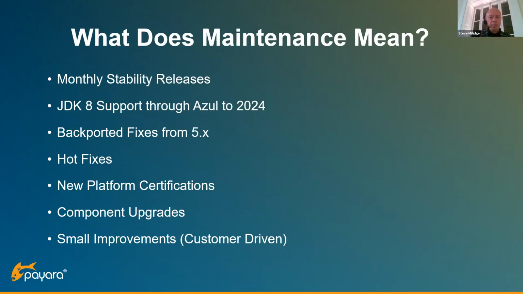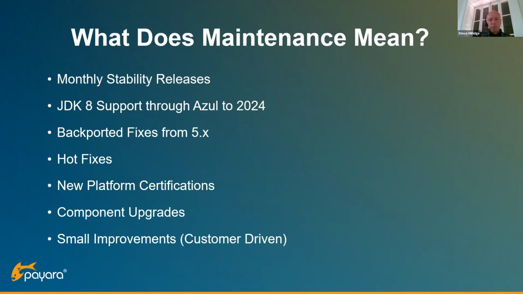So the stability stream is another customer-only stream where you get monthly bug fixes and patches and security fixes. That continues from the beginning of the year, and that will continue right through to 2024. JDK8 support, so Payara 4 is going to remain on JDK8, and customers get support for JDK8 through our partnership with Azul to run on Azul Zulu Enterprise.